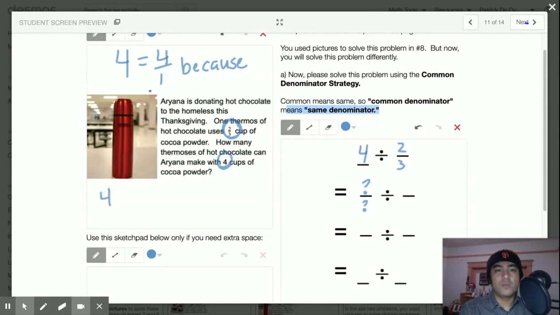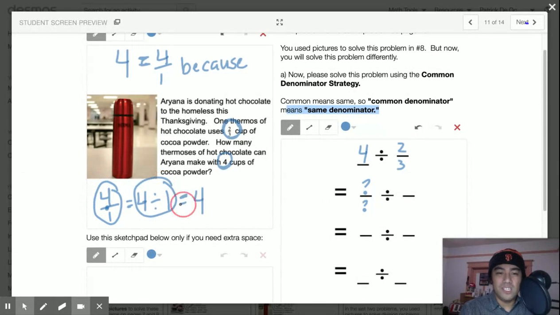4. So wait, why is this equal? Because 4/1 is the same thing as 4 divided by 1, and 4 divided by 1 is 4. Okay? So this thing is the same thing as this thing.